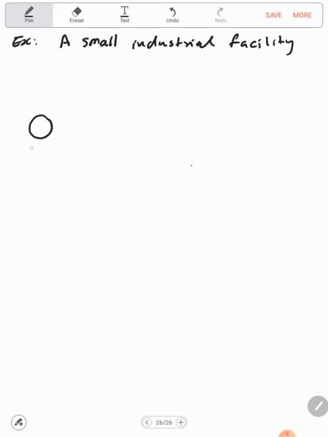We have an infinite bus, let's say, connected to 3 loads.